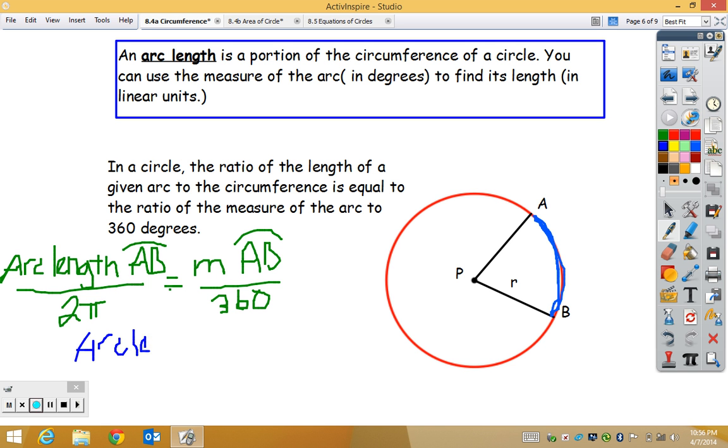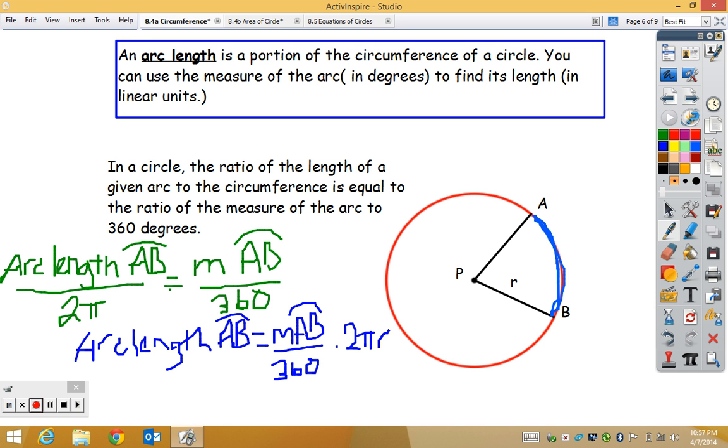Arc length of AB equals the measure of arc AB divided by 360 times 2 pi r.